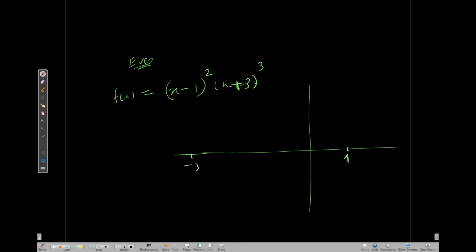If you take a number close to 1, let's say 0.75, when you plug it in here, and for sure there are no other zeros in between these two values. There are no other zeros.